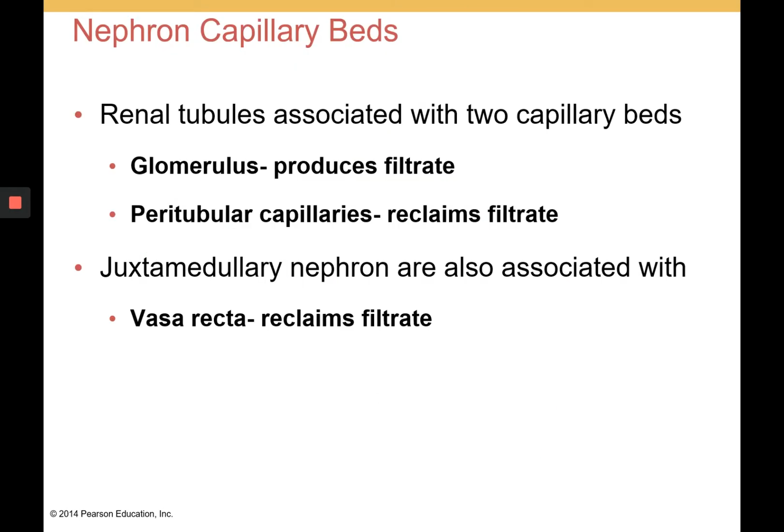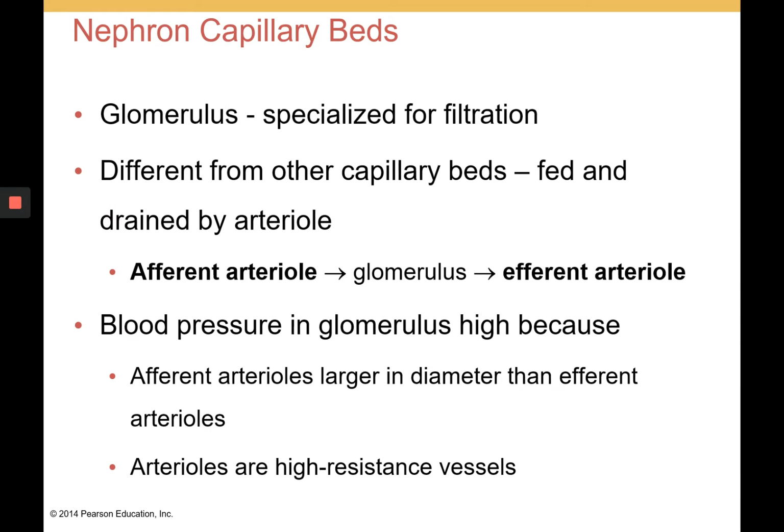So if we look at the renal tubules associated with the two capillary beds, we see that the glomerulus in both produces filtrate, whereas in the cortical nephrons, it's the paratubular capillaries that reclaim the filtrate, and in the juxtamedullary nephrons, it's the vasa recta that reclaim the filtrate.